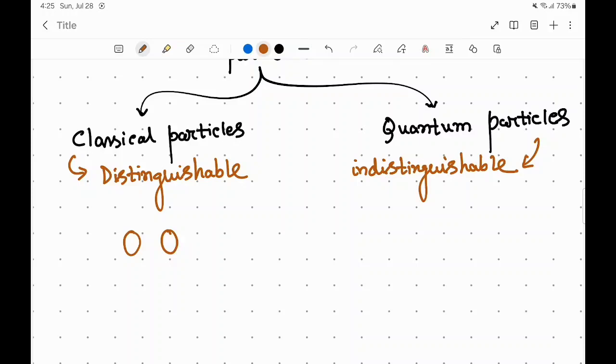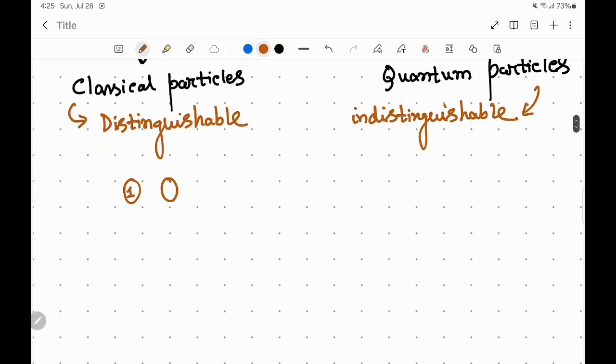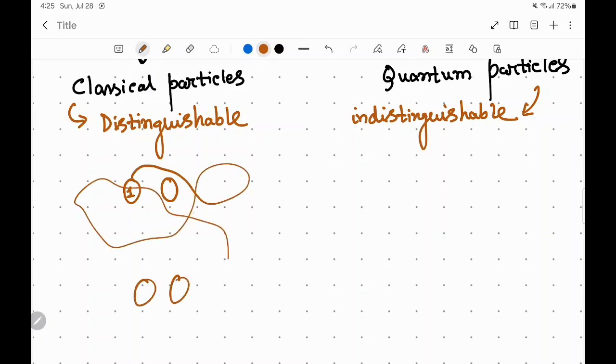But they are completely the same. You have to keep your eyes on the first ball. Let's say this is ball 1, and you fix your eyes on ball 1. Then after that it's mixed up and here it ends. So then this is 1 and this is 2, and you can find out which one is ball 1 or ball 2, because while the trajectory is changing, you can see ball 1 or ball 2.